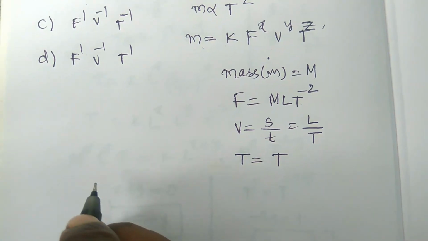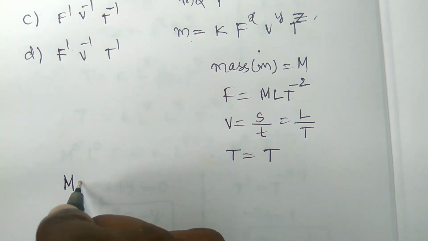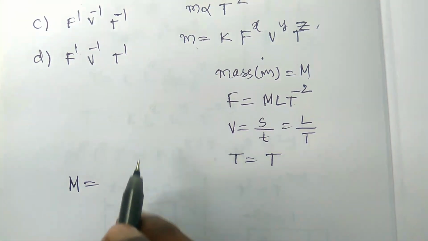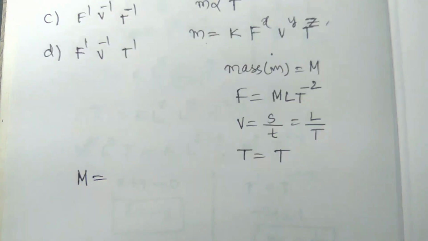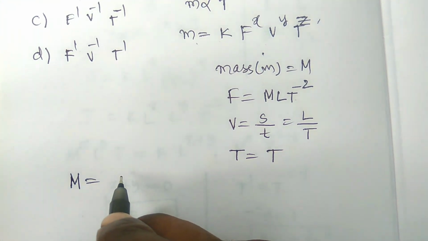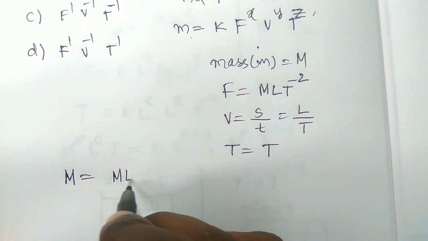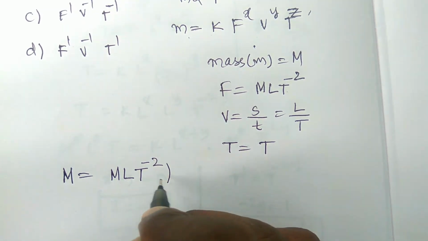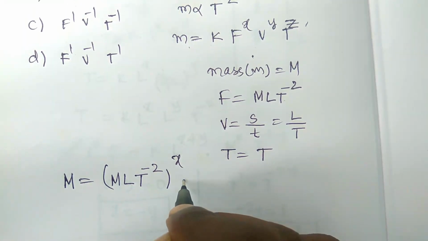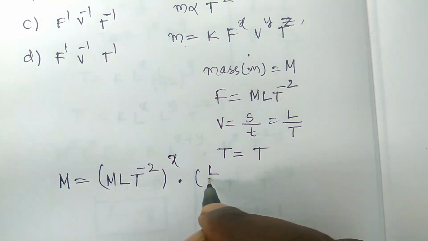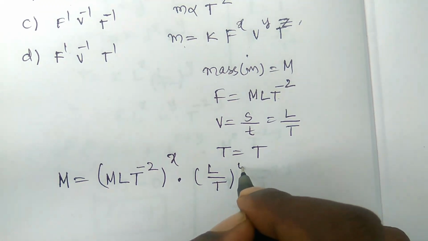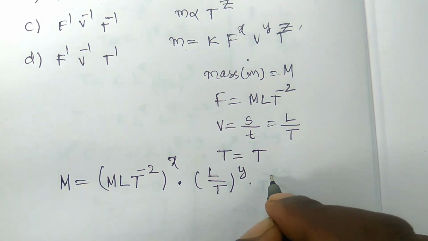From this we can write that m is equal to, k is the constant, so you have to omit that, F power x, F means m L t minus 2 power x, v power y, L by t power y, and t power z.